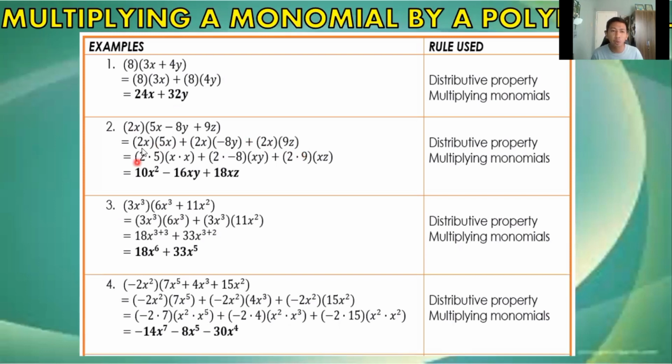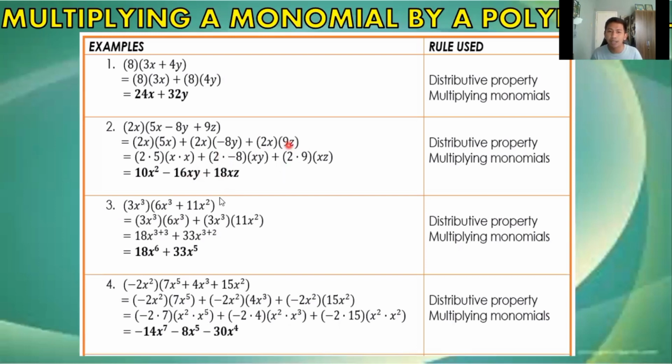So we have now 2 times 5, and then that will give you 10. x times x, that will give you x squared. Unahin niyo muna yung mga numerical coefficients, followed by the literal coefficients. We have 2 times negative 8, that will give you negative 16xy, while 2 times 9, that will give you 18.